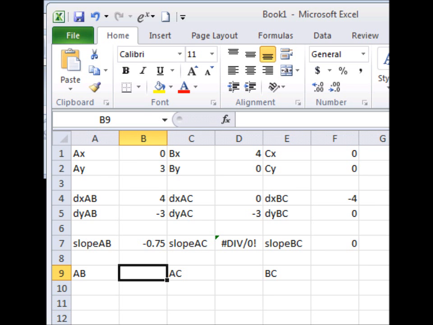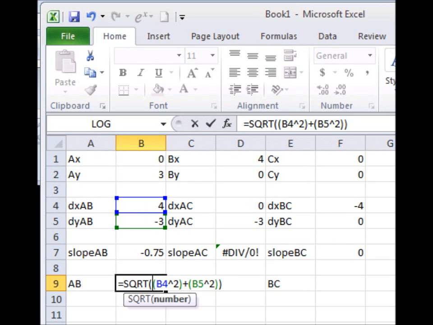So to represent that in Excel, again, create your label cells. You're describing the line, so just use AB, AC, BC, and this is assumed to be the length. And the formula you're going to use involves the square root function. The abbreviation for square root in Excel is SQRT.